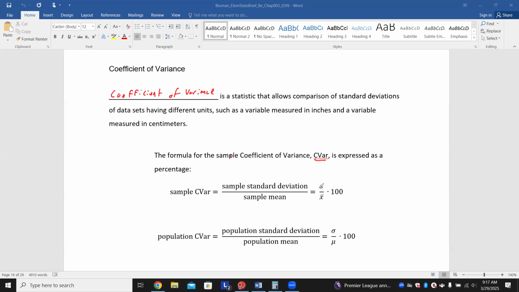Again, I cannot express this enough, but do note the different symbolism for sample, using those Roman letters, and for population, using those Greek letters. So if you need the coefficient of variance, that is how you would calculate it.